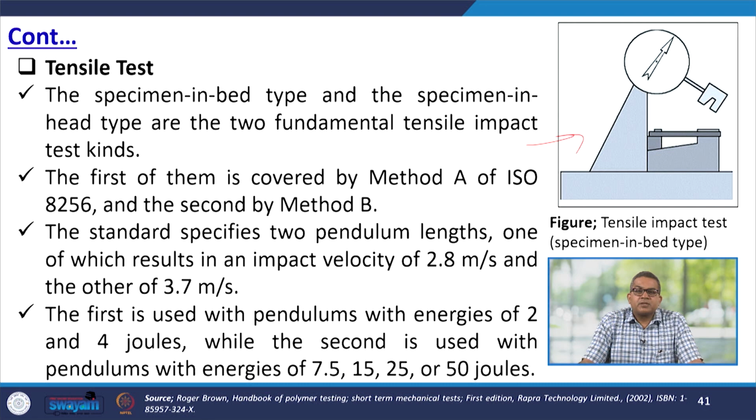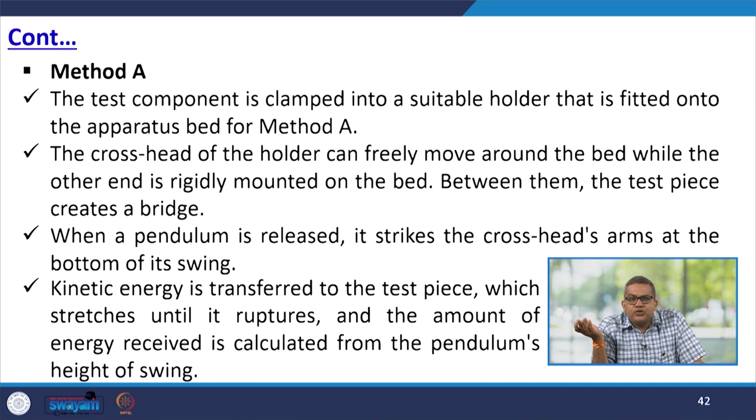The first of them is covered by method A of ISO 8256 and the second by method B. The standard specifies two pendulum lengths, one of which results in an impact velocity of 2.8 meter per second and the other of 3.7 meter per second. The first is used with pendulums with the energies of 2 and 4 joules, while the second is used with pendulums with the energy of 7.5, 15, 25 or 50 joules.